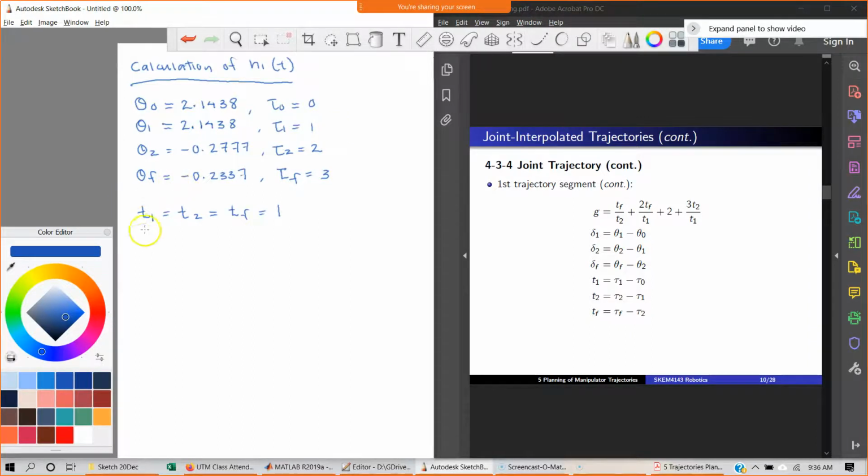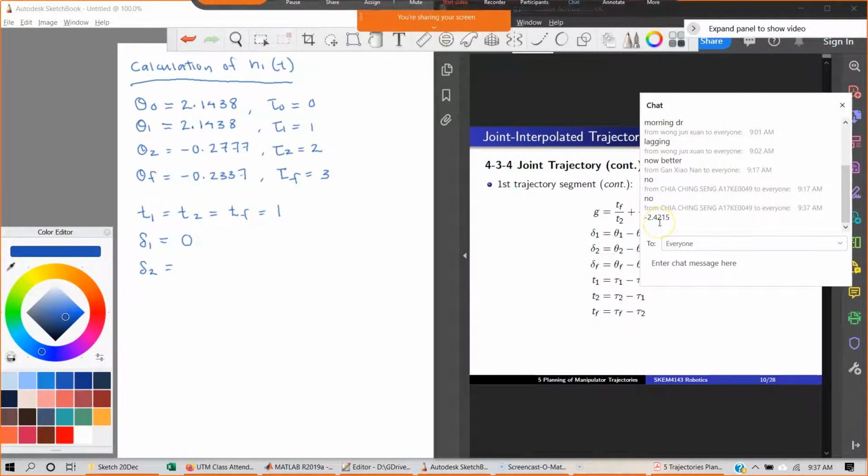Alright, what is delta 1? Delta 1 is theta 1 minus theta 0. Theta 1 minus theta 0 is 0. You don't have to use your calculator. Delta 2 is theta 2 minus theta 1. Can you please compute it for me? And maybe write it down, the answer, or you can speak up.